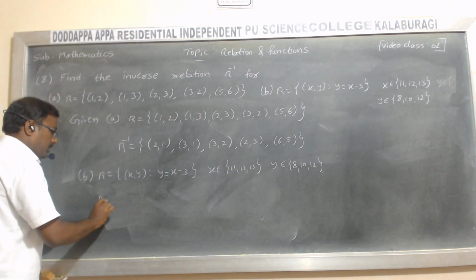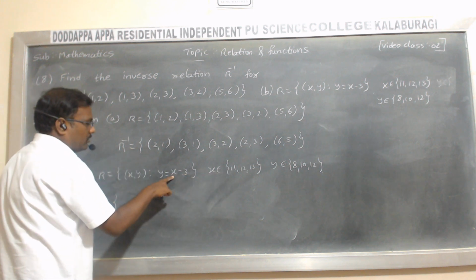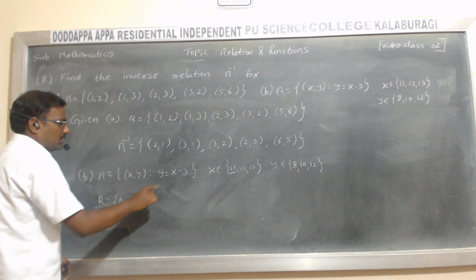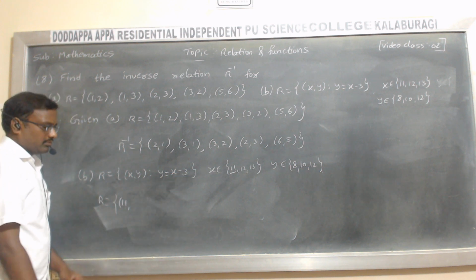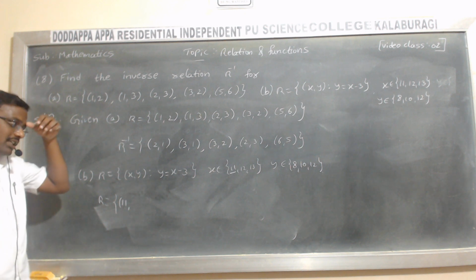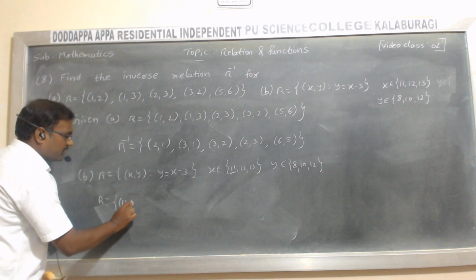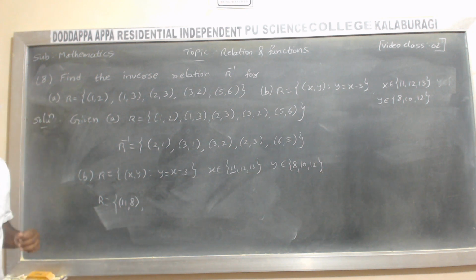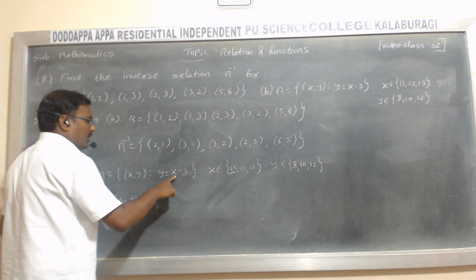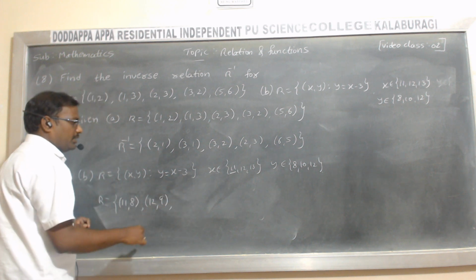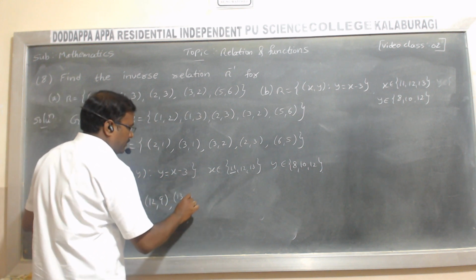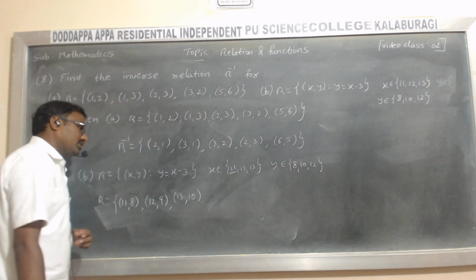So if you substitute x is equal to 11, we get 11 minus 3, which is 8. Right? Next, if you put 12, 12 minus 3 means we get 9. If you put 13, 13 minus 3 means we get 10.